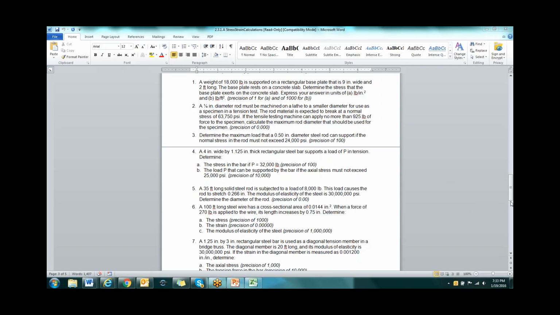And immediately I ask the kids to underline the fact that they have two different units. We have inches and we have feet, so that's going to be a problem. The base plate rests on a concrete slab. Determine the stress that the base plate exerts on the concrete slab. And it asks them to express their answers in both pounds per square inch and pounds per square foot, and it asked for some precision on that.